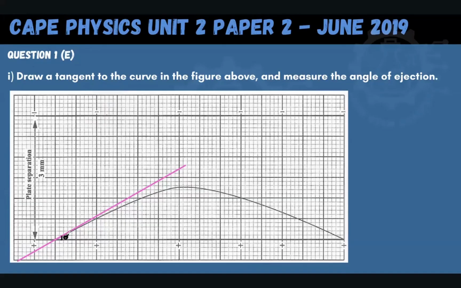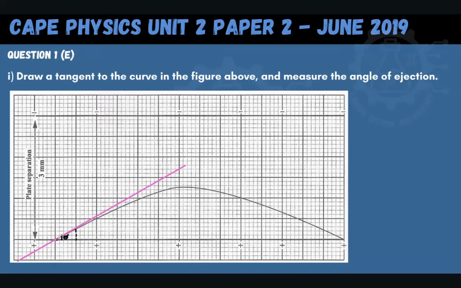Now, in the exam, you would take your protractor and place it on the graph and measure that angle. Because I don't have a protractor right now, and I'm doing this on the computer, what I could do is use tan theta to get what my angle should be.